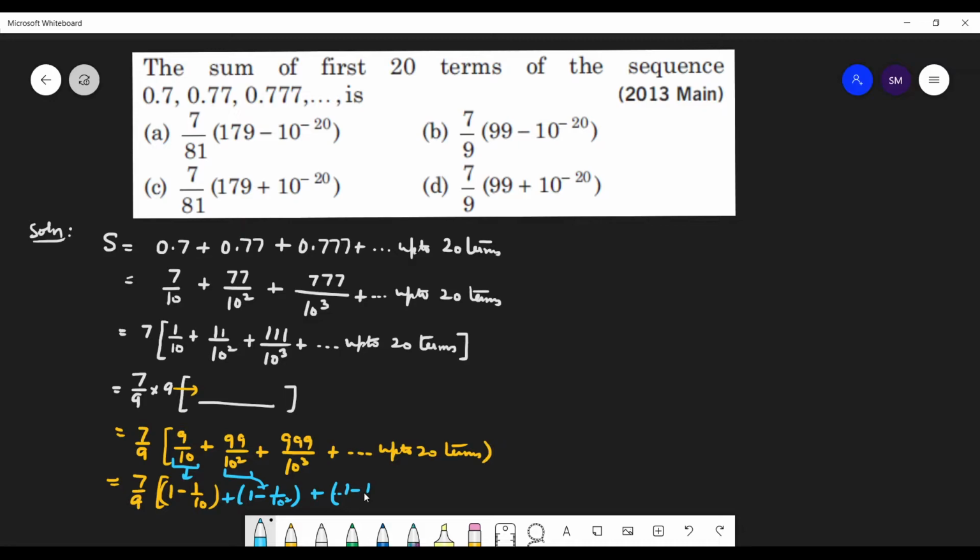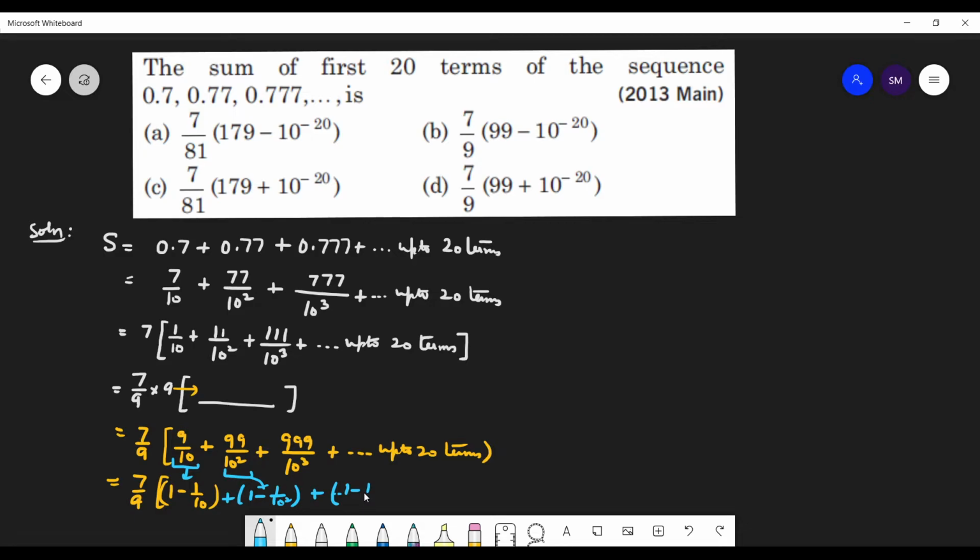Here, this step. See, 1 minus 1 by 10 will be 10 minus 1 by 10, and that will be 9 by 10. So you can save the steps. So this will be 9 by 10. And here 10 cancels out.